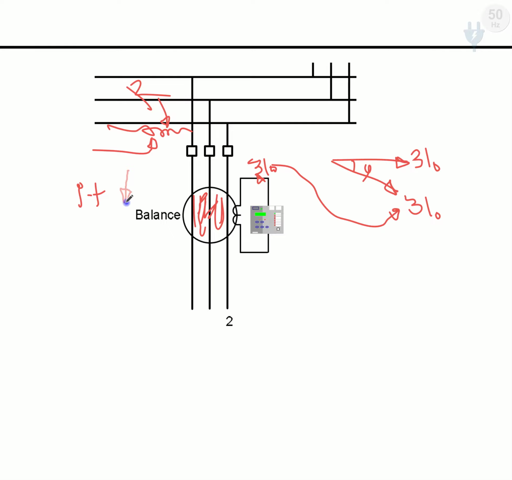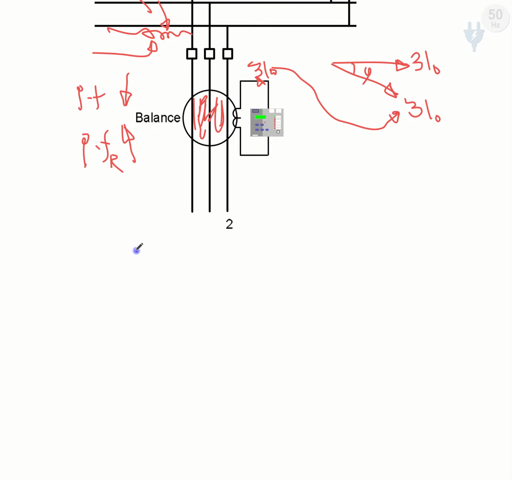Due to this reduction of the real power factor and the increase of the reactive power factor, the imaginary part of the power factor, this deviation angle will occur.